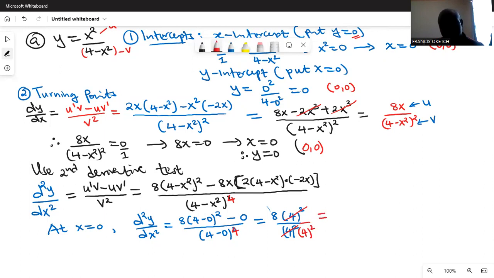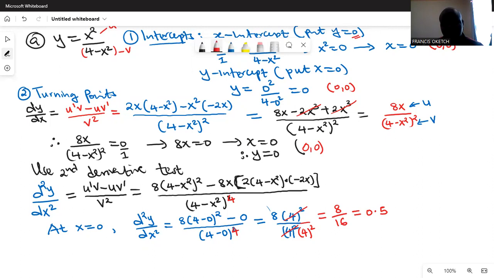So that's the same as 8 over 4 squared, which is 16, which equals 0.5. The correction is on the second derivative in the denominator. It was supposed to be v squared. When you square v, you get 4 minus x squared, the whole of that raised to 4.